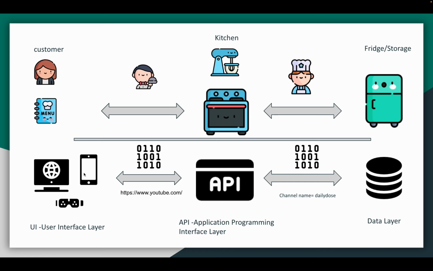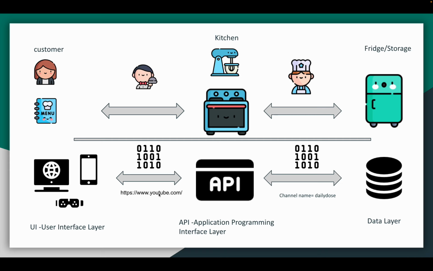It gives it back to the user interface layer, and then the user is able to access that particular website. This is a brief example of the three components of our web applications or any applications which we use in day-to-day life.